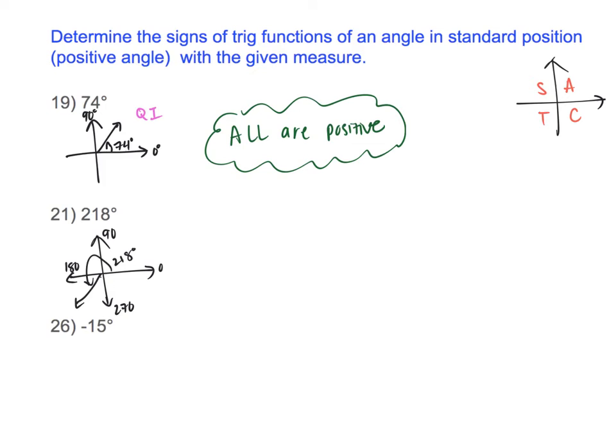Let's take a look at our acronym here. In the third quadrant, it's T, which represents tangent. So tangent is positive, but remember its reciprocal is also positive. So cotangent and tangent are positive.